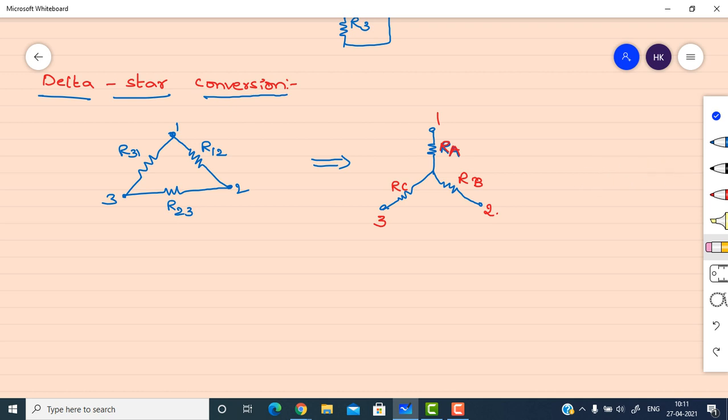So we are going to derive the equations for RA, RB and RC. R12, R23, R31 are all known values, and RA, RB, RC are unknown values.